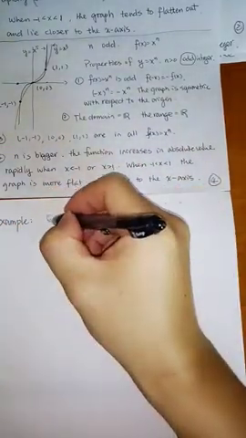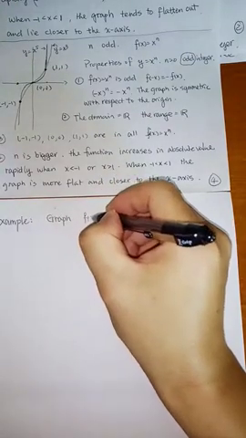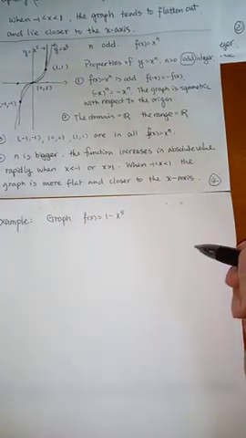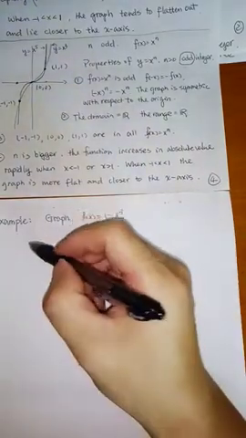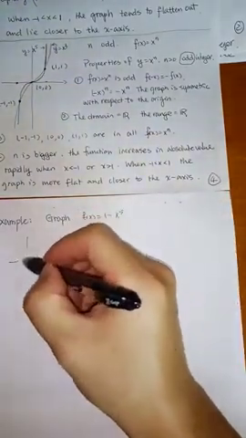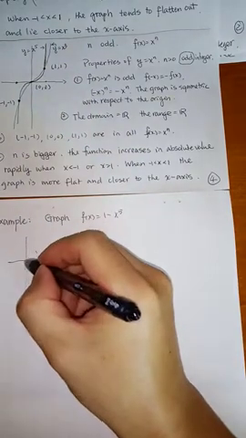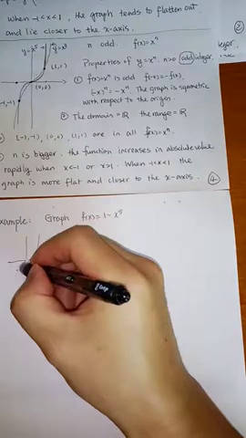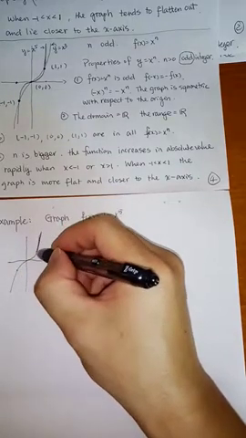So here let's see a simple example. Graph f(x) equal to 1 minus x to the 5. We're going to use transformations to graph it. So how do we do that? First, you graph x to the 5. It's an odd power, so it's like this.